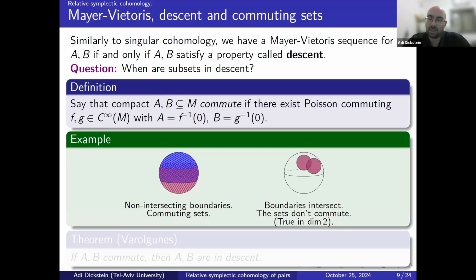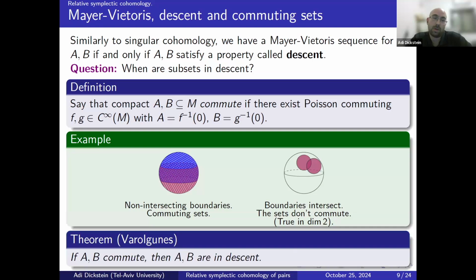Here the intersection in this case is transversal, and that is what implies in dimension 2 that the sets do not commute. And Varolgunes proved that in the case of commuting sets, our sets are in descent. So if we have two commuting sets, then we get Mayer-Vietoris for the relative symplectic cohomology.